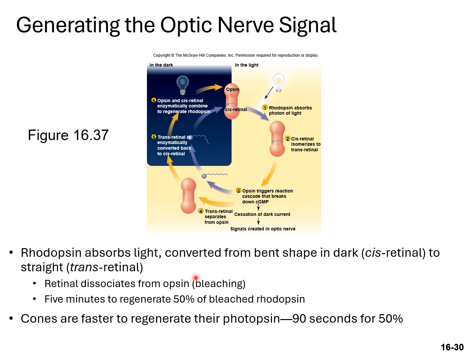This is confusing. The reason why it's confusing is on the next slide. Before I get there, I want to draw your attention to the retinal dissociating from opsin, or bleaching. After a while, if you're looking at light for too much, you will stop being able to see a certain light. That's called bleaching.